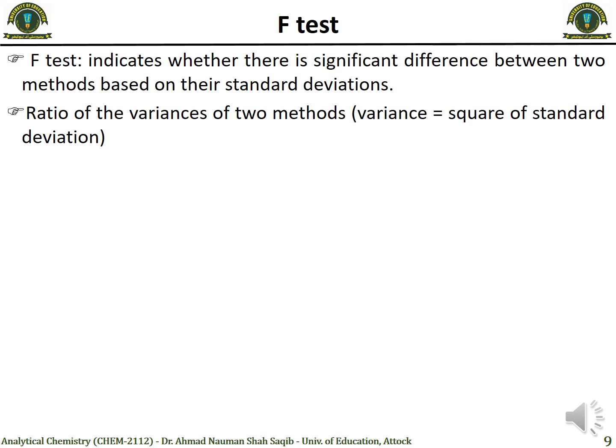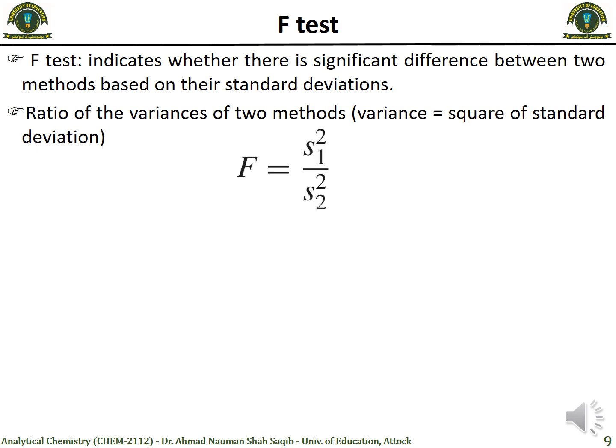We already studied in our previous lecture that variance is the square of the standard deviation. So if we are going to compare 2 methods and know whether there is a significant difference between their results or not, we carry out an F-test. F-test is the ratio of the variance of the 2 methods.